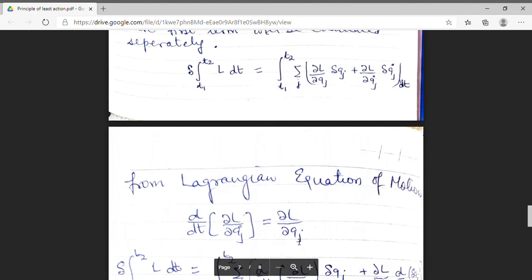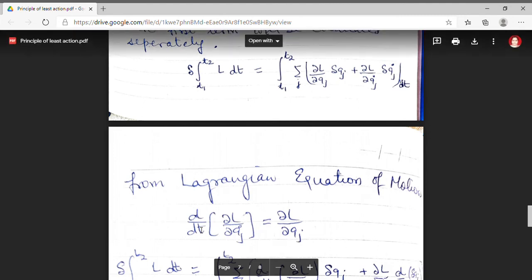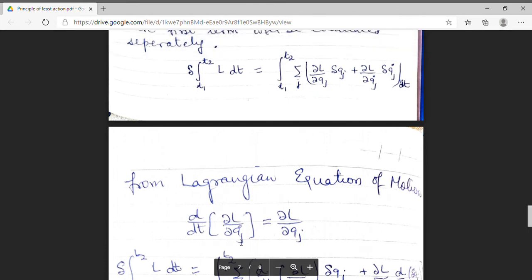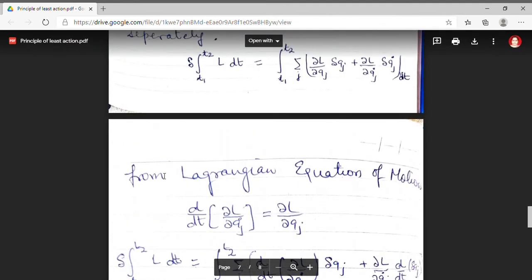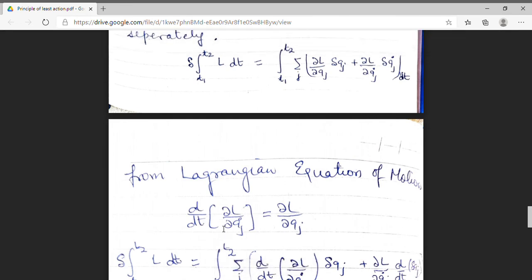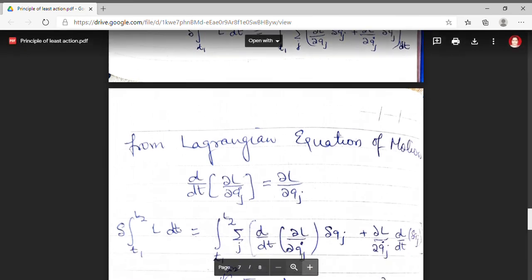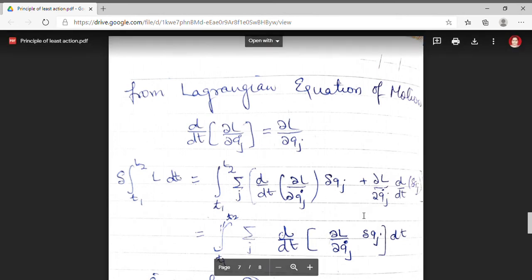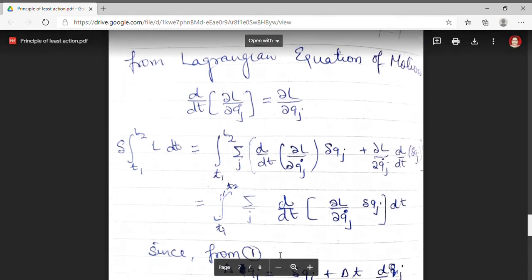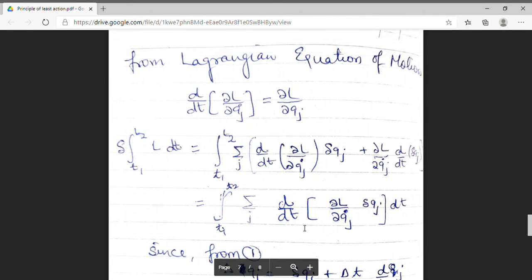This is the Lagrangian expression. I have d/dt ∂L/∂qj dot to be ∂L/∂qj. So putting the value of ∂L/∂qj as d/dt ∂L/∂qj dot, I get this expression. And when these two terms are coupled, they can be written as a single term in the form d/dt (∂L/∂qj dot δqj).